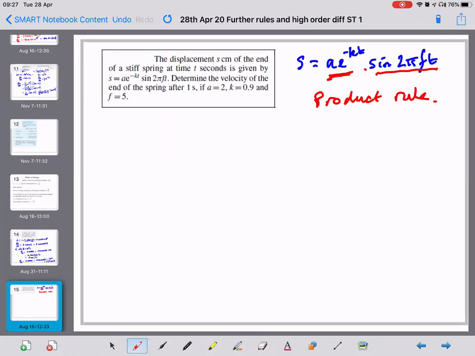We're also told that I is equal to 2, k is equal to 0.9, and f is equal to 5.